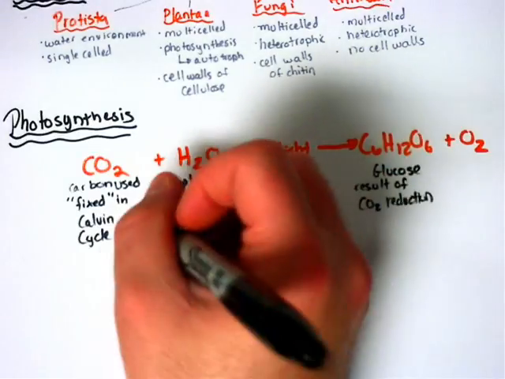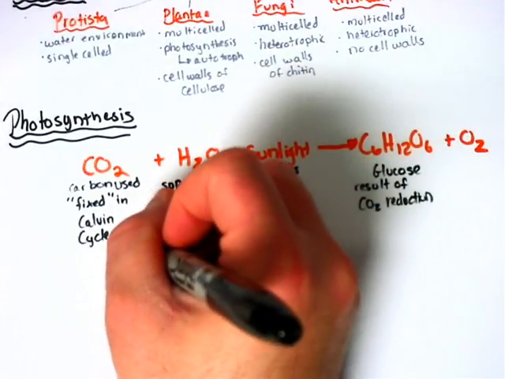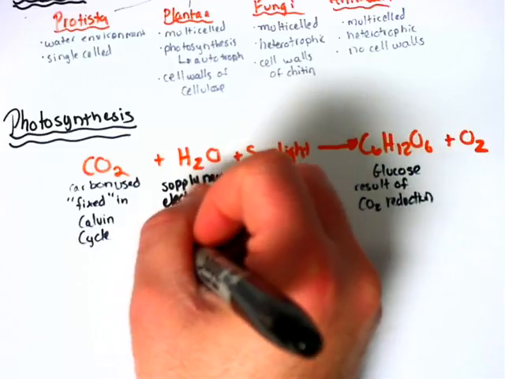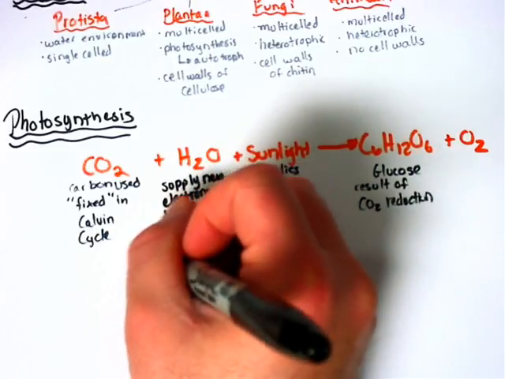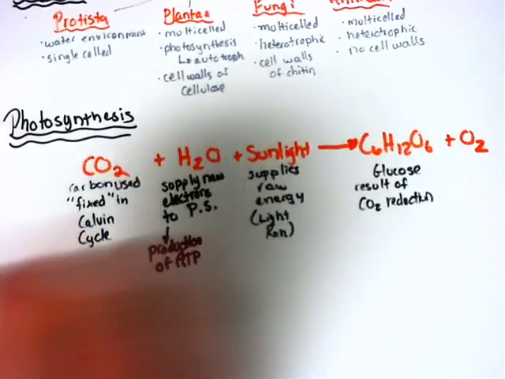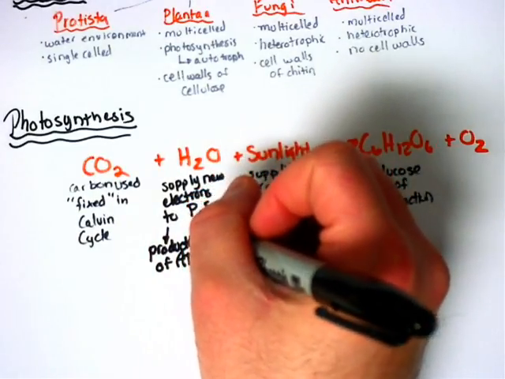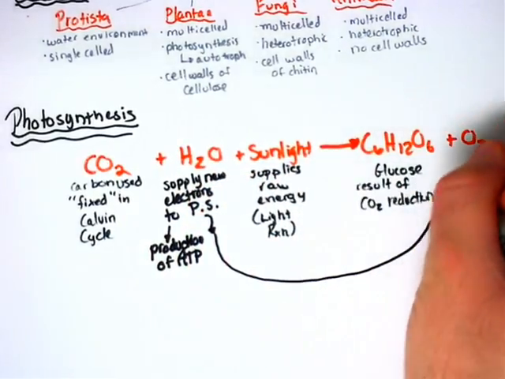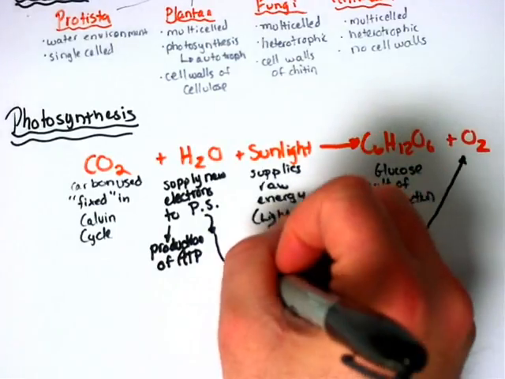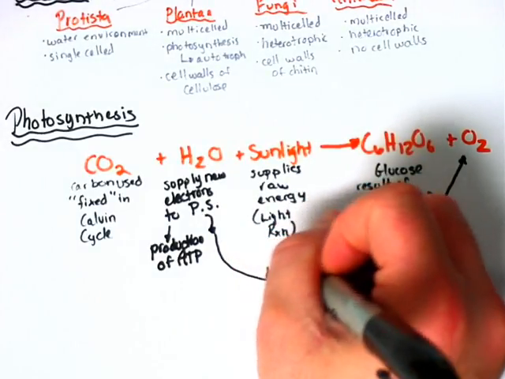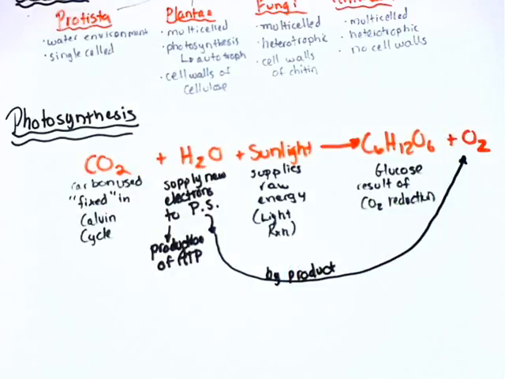And as an indirect result, that actually causes the production of ATP because of the buildup of the H+ gradient, and it also produces the O2, which of course is the other product that we're seeing right there. So in a way, the O2 is a byproduct of the splitting of water, which is one of the first things that happens in the light reactions. Again, if there's some void here, I promise you that we've talked about it already. You just have to view the other videos. It's gonna be great stuff.